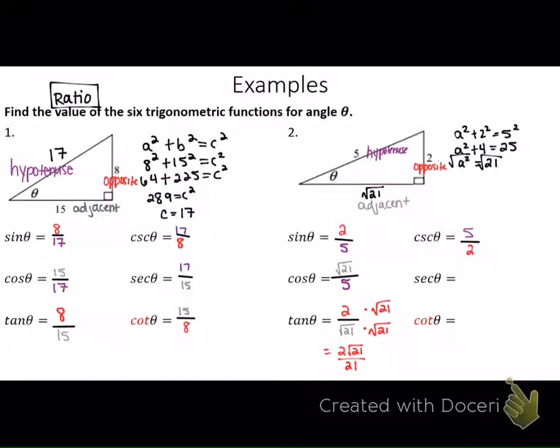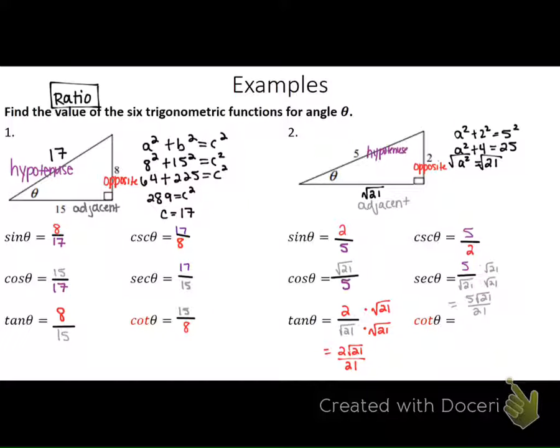The secant is the opposite of the cosine, so flip this one. 5 over root 21. But can we have a root 21 in the denominator? Nope. So we rationalize. We multiply top and bottom by root 21. And that would just be 5 root 21 over 21. And then Hayden, I would reciprocate this one, not this one, because that would be a little bit more work. So what's the reciprocal of the tangent? Square root of 21 over 2.